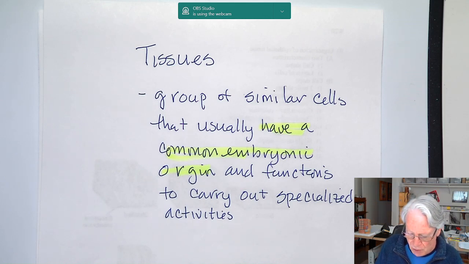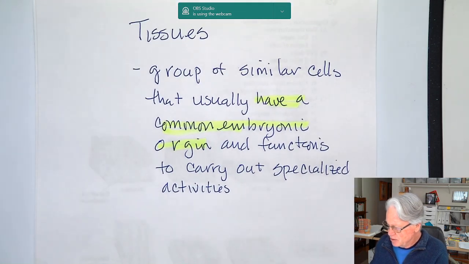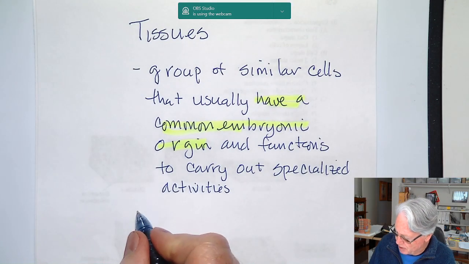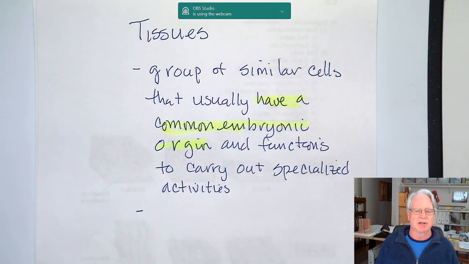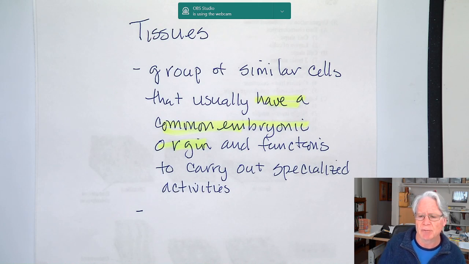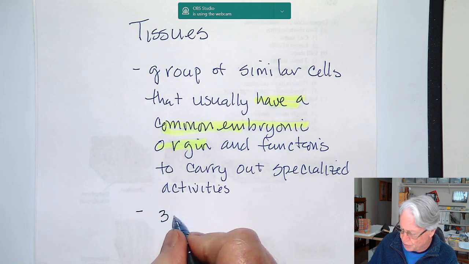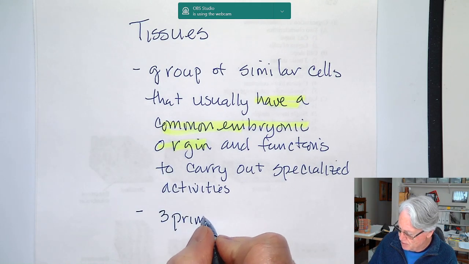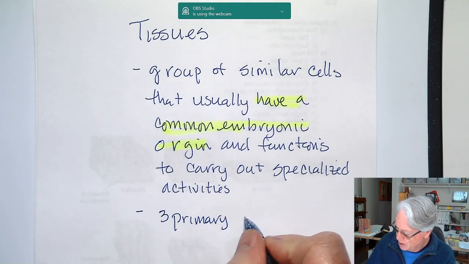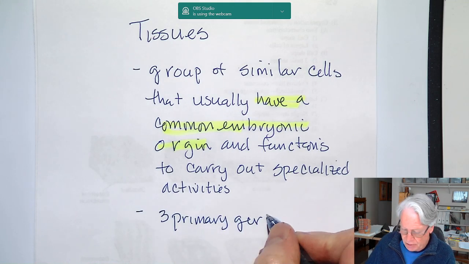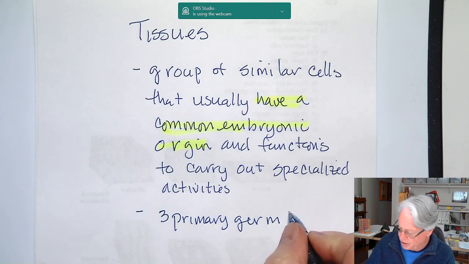Okay. Well, first of all, when development of your body begins from a single cell, there's going to be a lot of cell division, and that cell division is going to organize itself into discrete regions and similar types of cells. And eventually you're going to develop what is called the 3 primary germ layers.